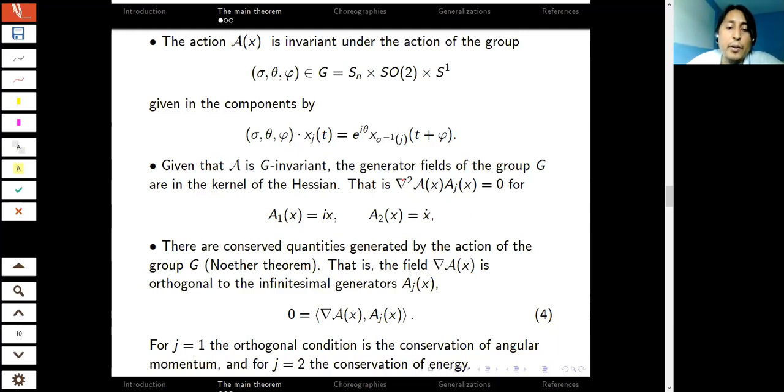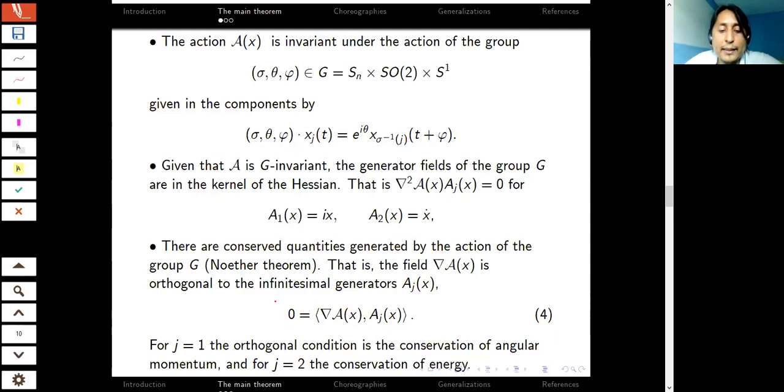And how is it going to be sorted out for this specific problem? Well, because it's a variational problem, right? Actually, there are conserved quantities generated by the action of the group G. This is by Noether's theorem. More explicitly, the gradient of A is orthogonal to the infinitesimal generators A_j. That means the gradient of A at x is orthogonal to A_j of x.